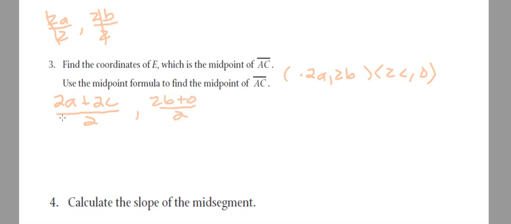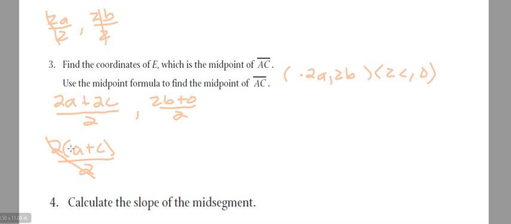Well, at this point, I can only divide by 2 here because both of my coefficients are divisible by 2, and this is something lots of people start trying to do all the time. Basically, you can factor out a 2, and then you have a plus c divided by 2.